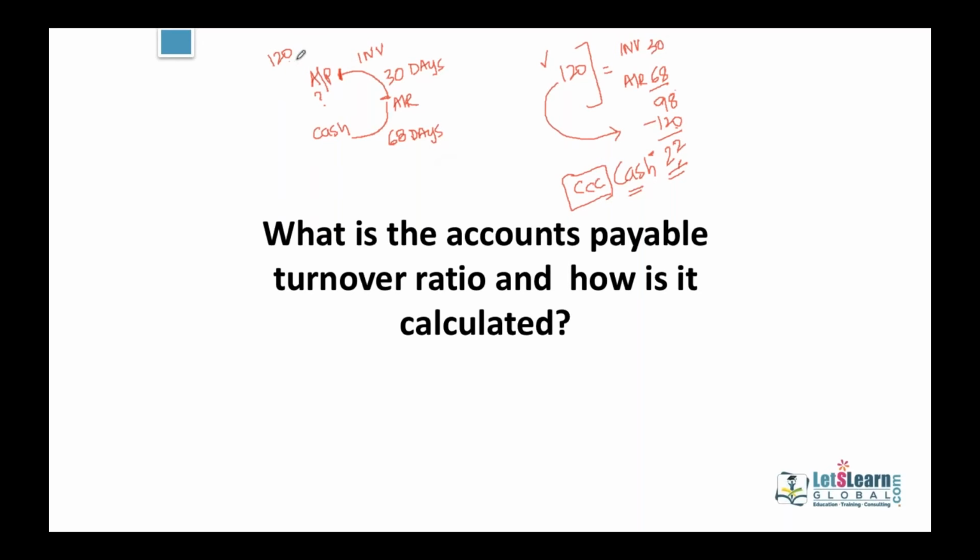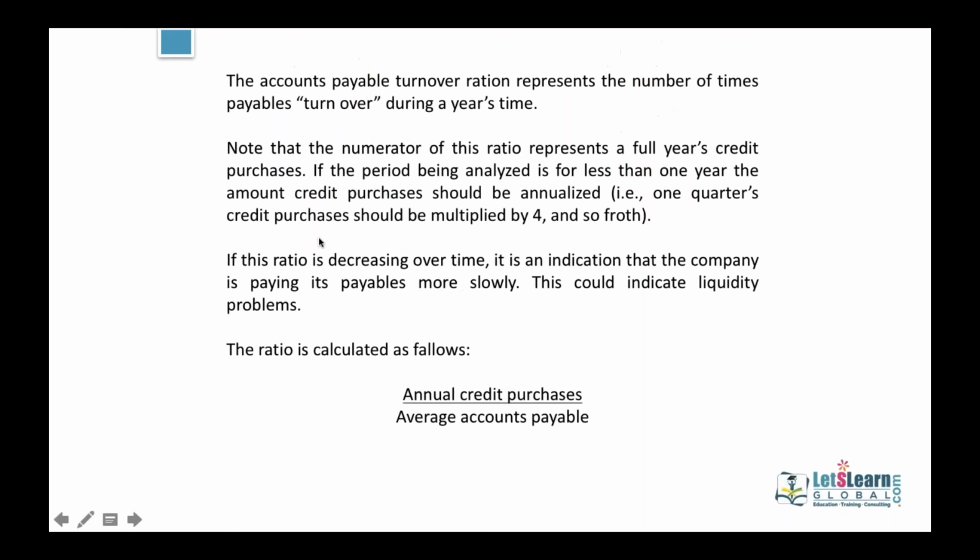Now let us discuss how you get this 120 days. Accounts payable turnover ratio. First of all, how many times are we paying our supplier? In this case, you need to calculate credit purchases to find out the accounts payable turnover ratio.